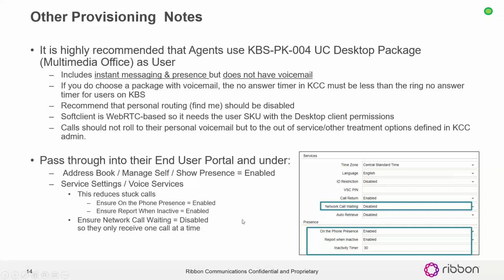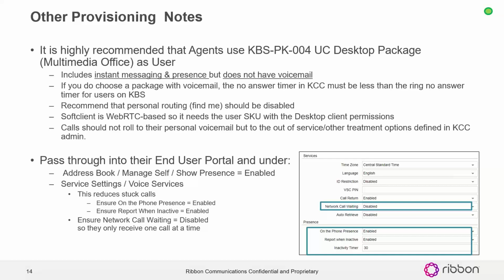Then in terms of settings you'd have to configure for your persons who are going to be enabled as agents on the end user portal, we always recommend that you ensure the on-the-phone presence and the report-when-active setting is turned on.